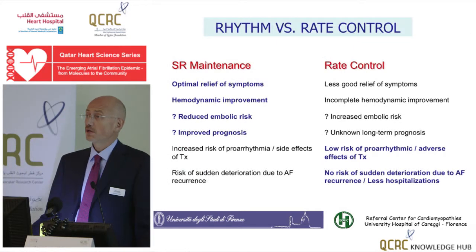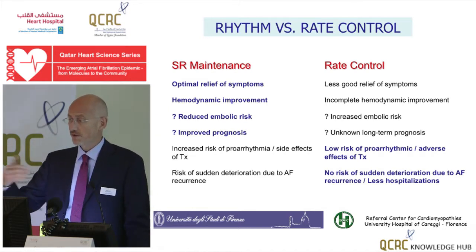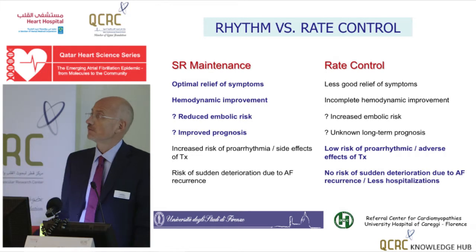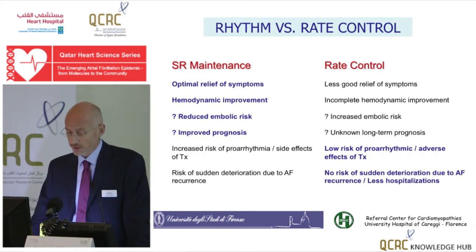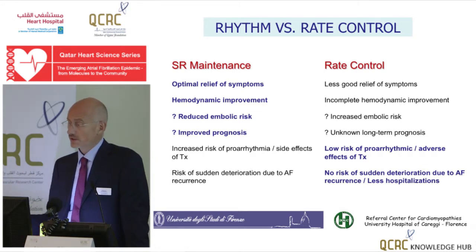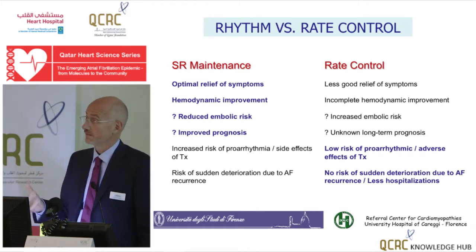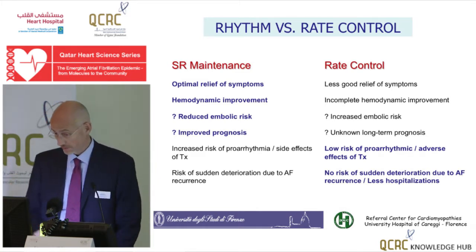And talking about treatment, none of the speakers before have addressed treatment because this is going to be part of the second part of our conference here. However, I would like to just mention a couple of concepts. There have been huge studies in the community showing that there is little difference in outcome between patients treated conservatively with rate control and those treated aggressively trying to maintain rhythm control.